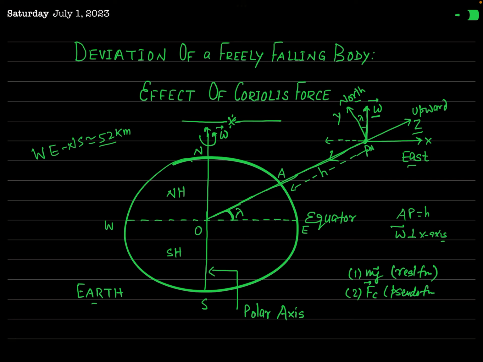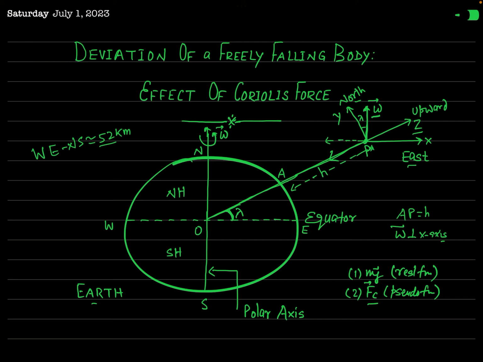In this problem, we have to find how much the particle will get deviated from this vertical line PA due to this Coriolis force. This is our problem. We have to calculate that deviation.